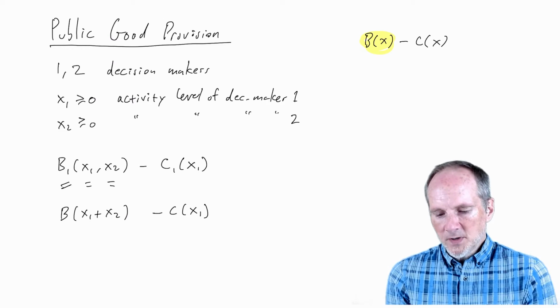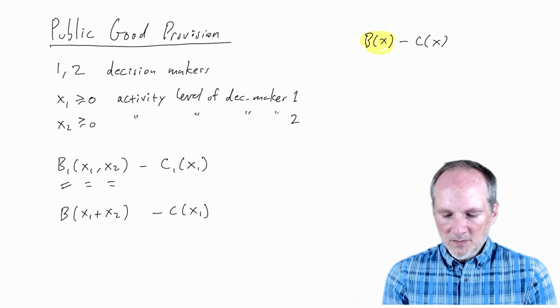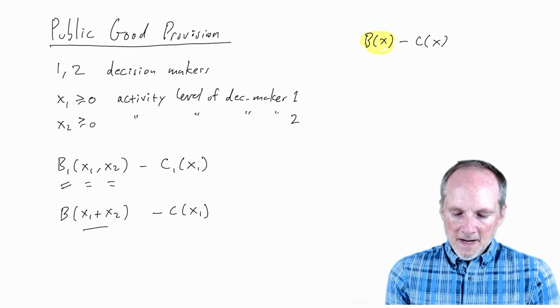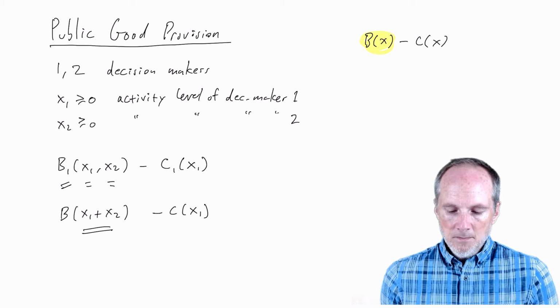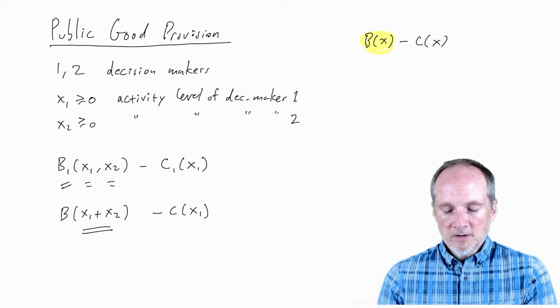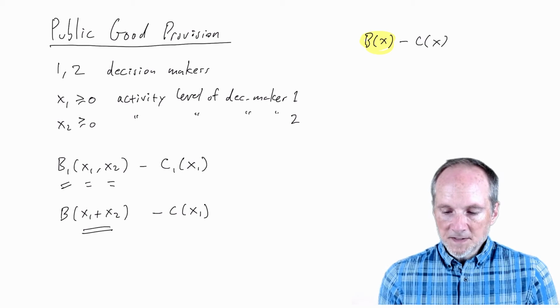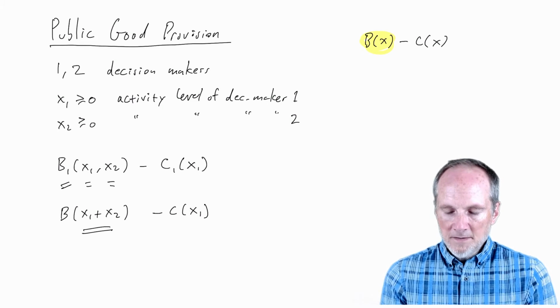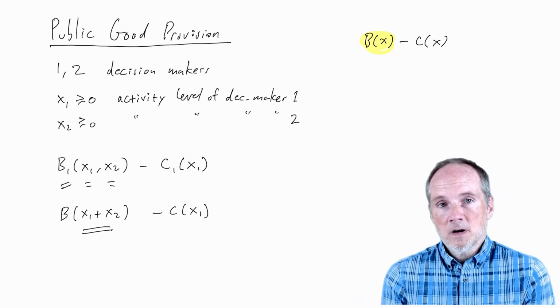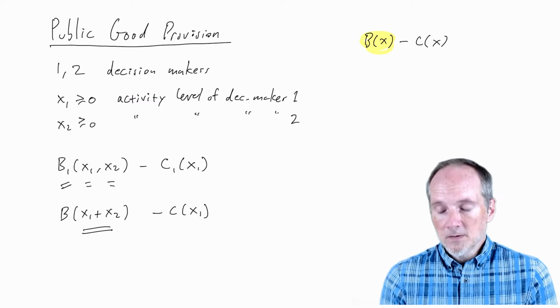But let's put in a parameter to make this a little bit more general. So rather than have decision maker one's benefit depend equally on the two contributions, let's allow person one's benefit to depend more on their own contribution than the other guy's.